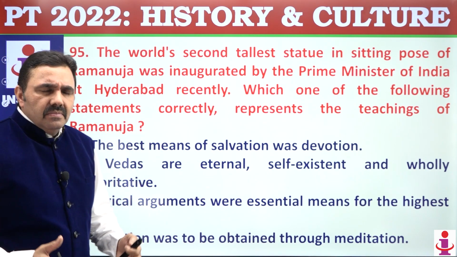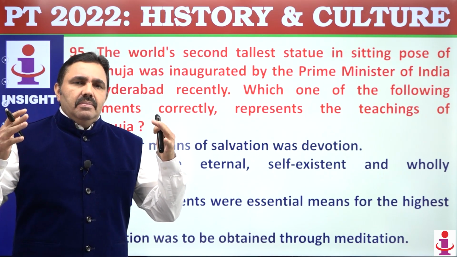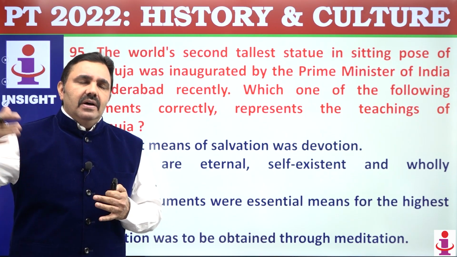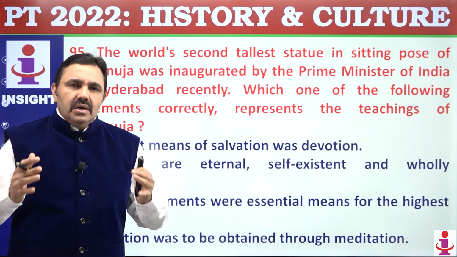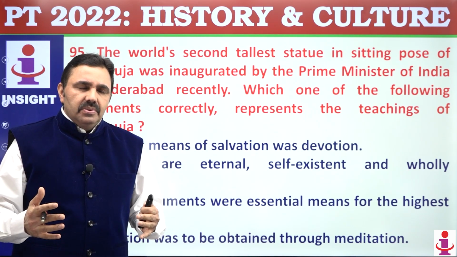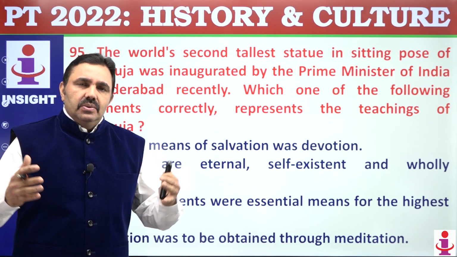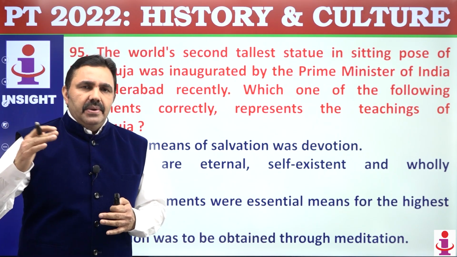Ramanuja was a devotee of Vishnu. He was Acharya who carried forward the tradition of Alvars. And he believed that the grace of God acquired through bhakti or devotion or worship was the only way to attain salvation. Ramanuja and Sankaracharya are often compared.